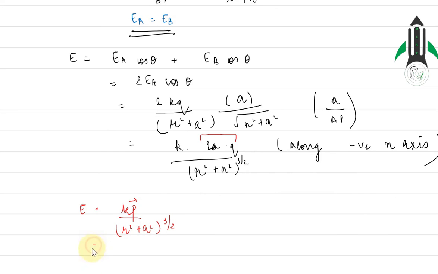But we'll write E equals minus Kp upon r square plus a square to the power 3 by 2. Minus, because the direction of the electric field is opposite to that of the dipole, as we saw above. So we add the minus.